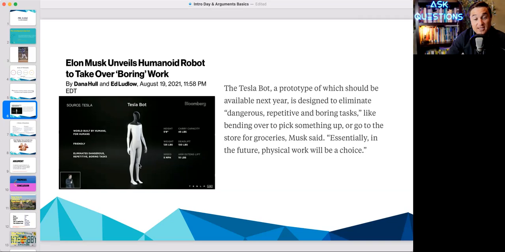So companies like Tesla are actually hiring PhDs or masters or people with bachelors in philosophy to help them design these things in a prudent and ethical way.